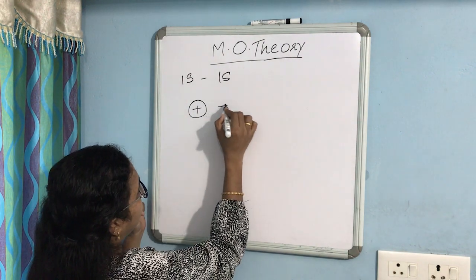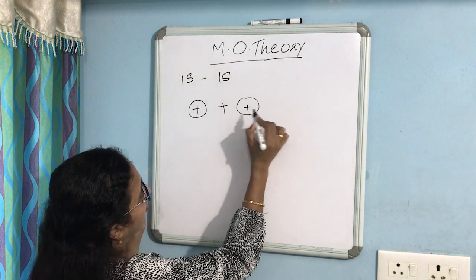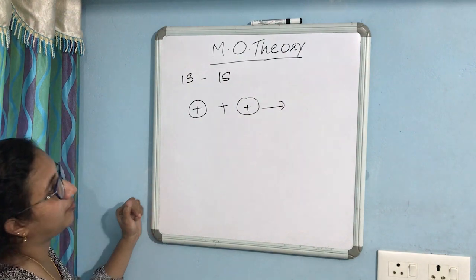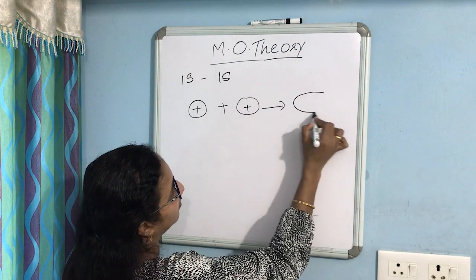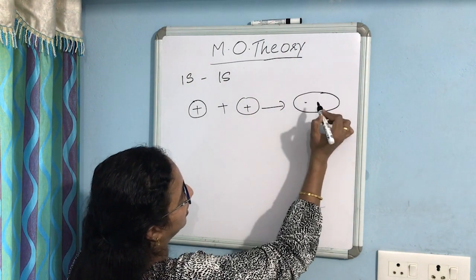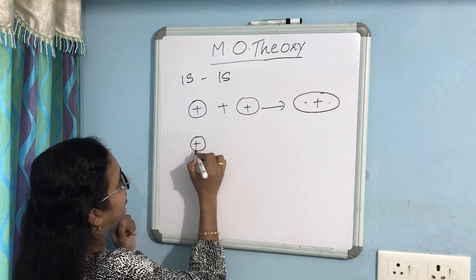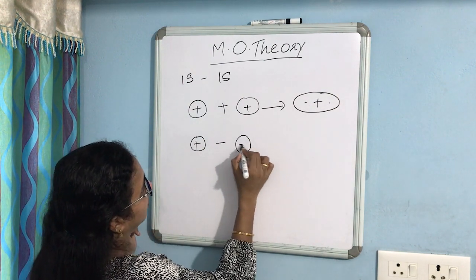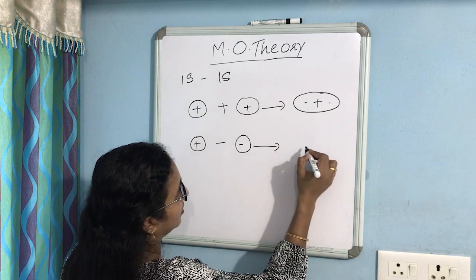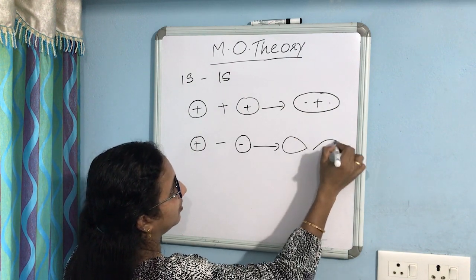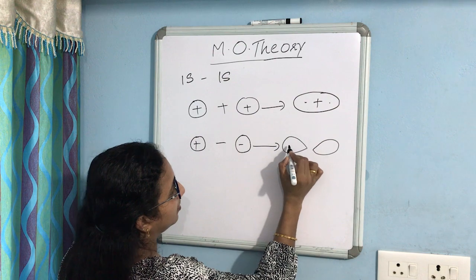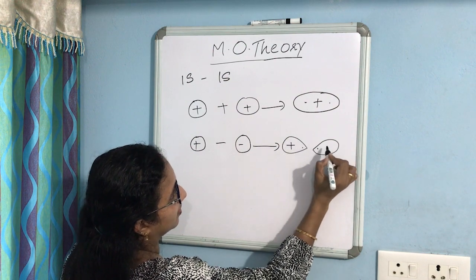So we can say the two will combine by addition to give a bonding molecular orbital, or the 1s and 1s will combine by subtraction to give anti-bonding molecular orbitals.